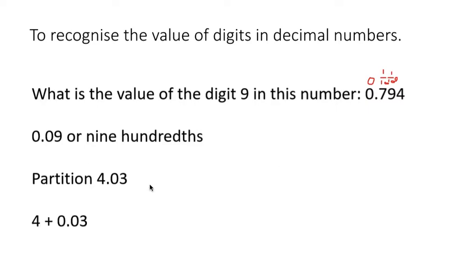It's 4 whole ones and 0.03. There are no tenths to add in here. If you did write in 4 plus 0.0 plus 0.03, absolutely fine. Doesn't matter, but that 0 means nothing. There is no value to it. So you don't need to write it. No problem if you have though.